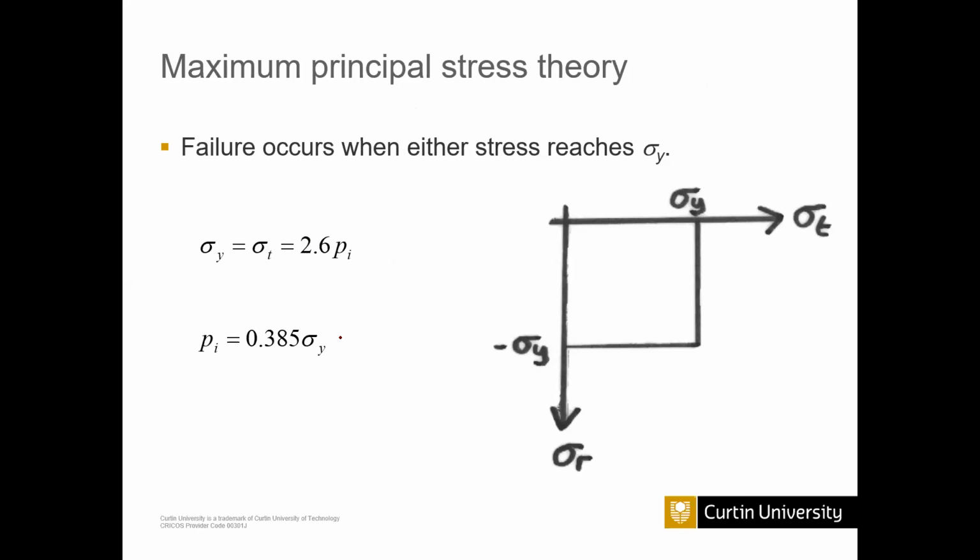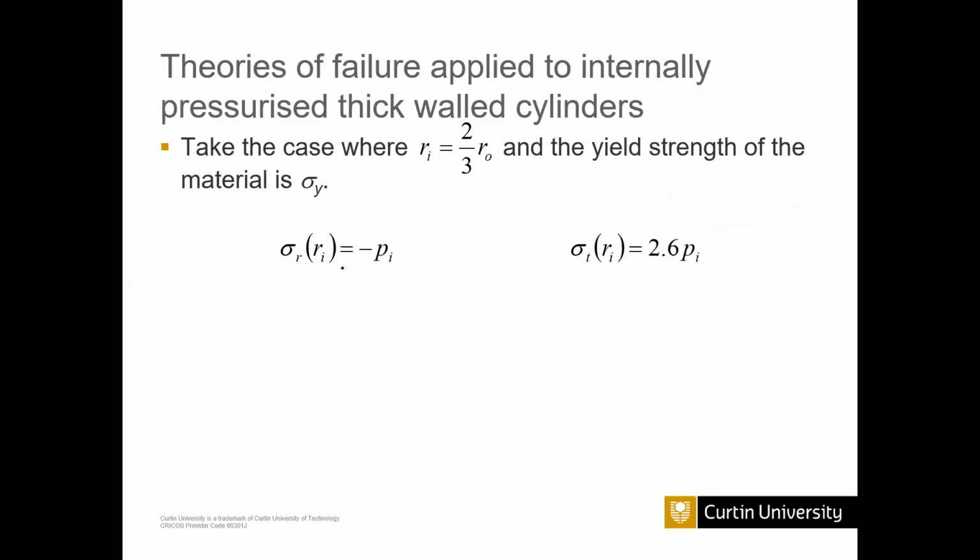If there is no shear and no sigma z, that means no longitudinal stress, then you can use the maximum principal stress theory. Comparing these two values, the one you need to take care of is sigma t, because the radial stress is always less than sigma t. Tangential stress is the thing you need to consider in failure analysis, not the radial stress.